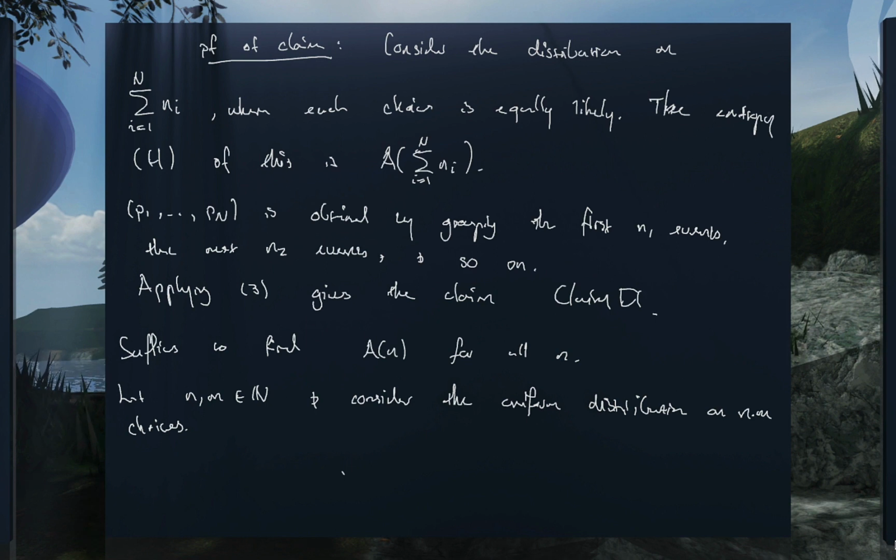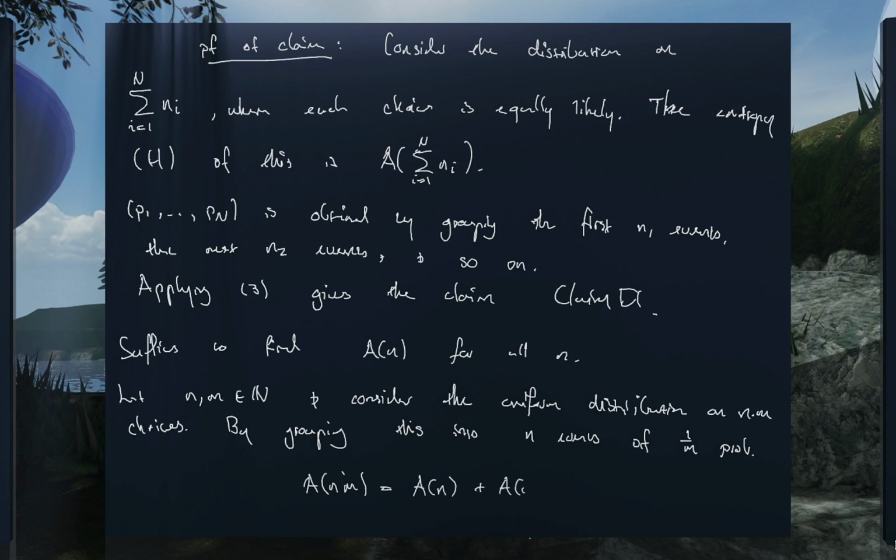If we apply, I guess by grouping this into n events of 1 on m, so each having 1 on m probability, we find the expression A of n times m is equal to A of n plus A of m.